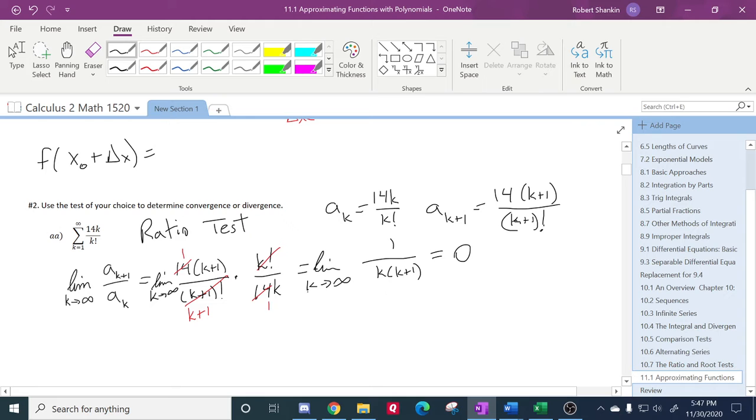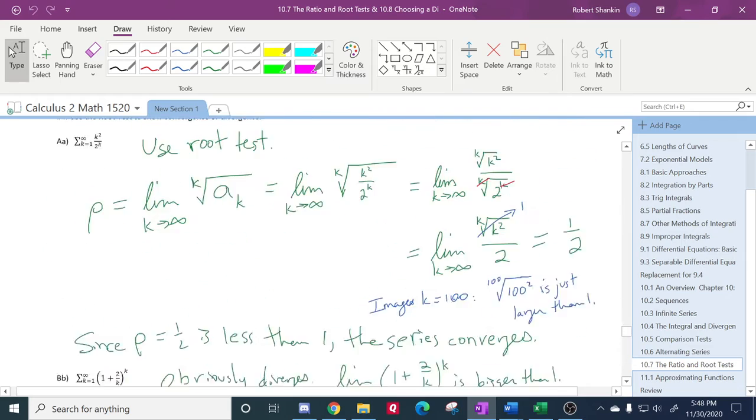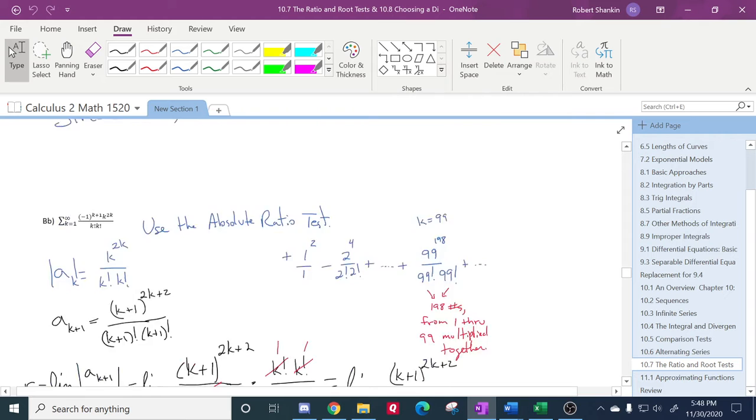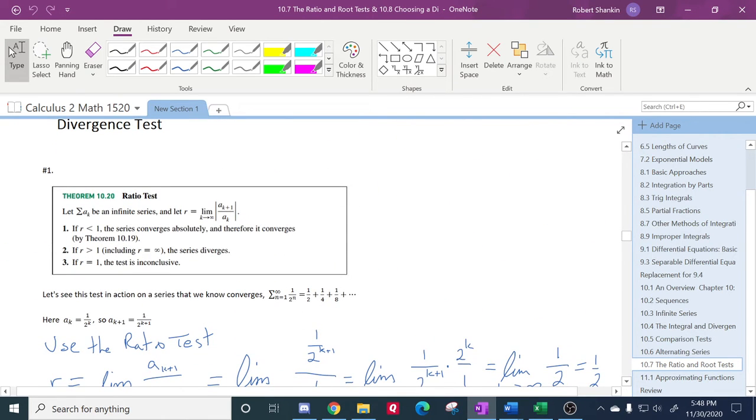Alright, so ratio and root test. Let's go back to the ratio test. There's the root test. There's the ratio test. This r that we get from this, if it's less than 1, the series converges absolutely. It's like the thing you multiply to get to the next term.